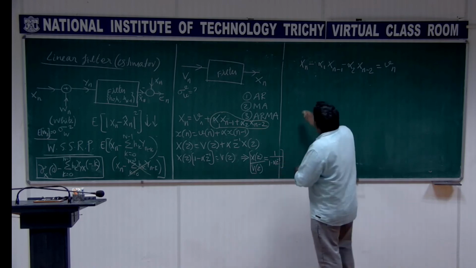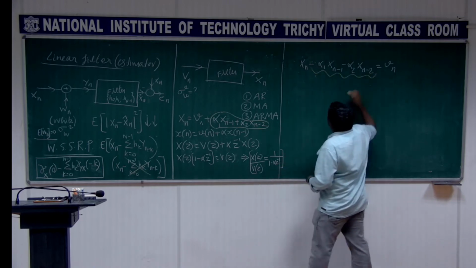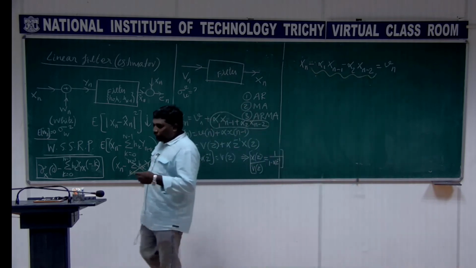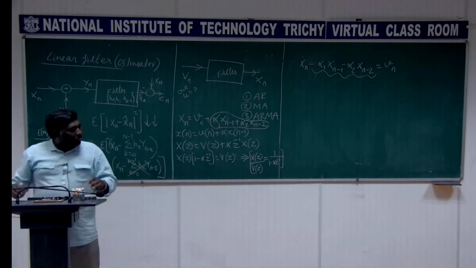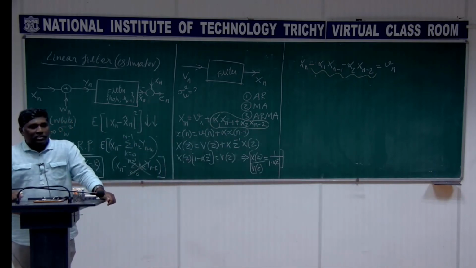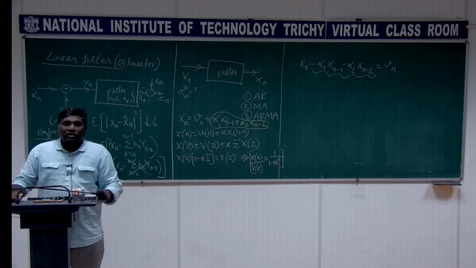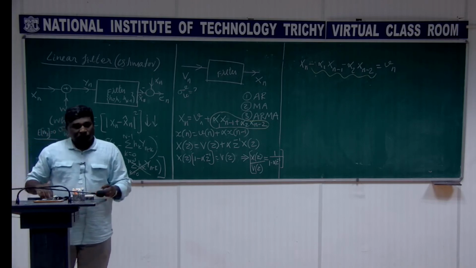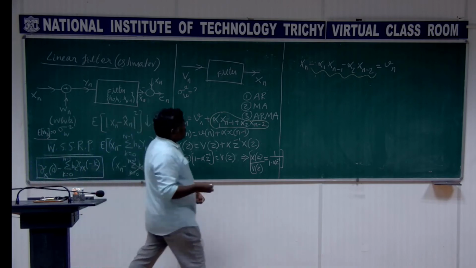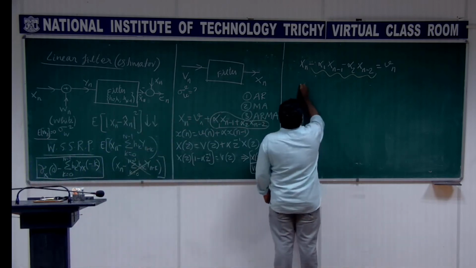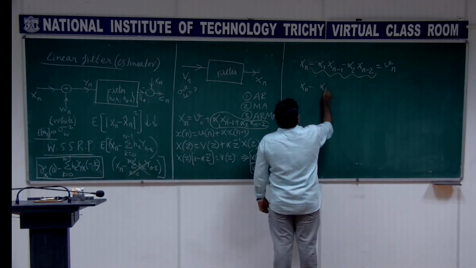Taking the minus common, you get alpha 1 Xn minus 1 plus alpha 2 Xn minus 2. That we are viewing as Xn cap. It is a prediction. So this one I am calling Xn minus Xn cap.